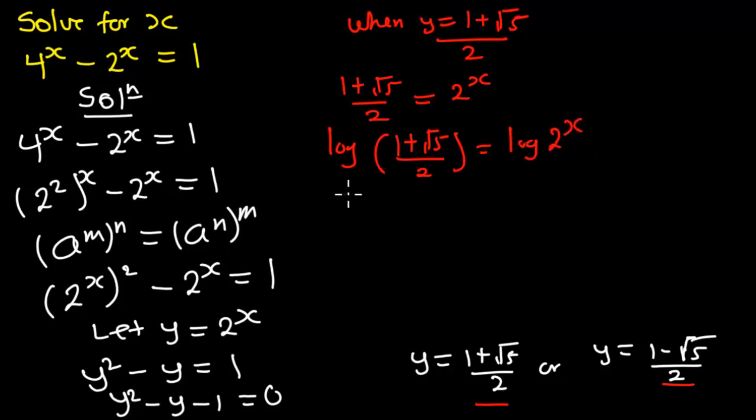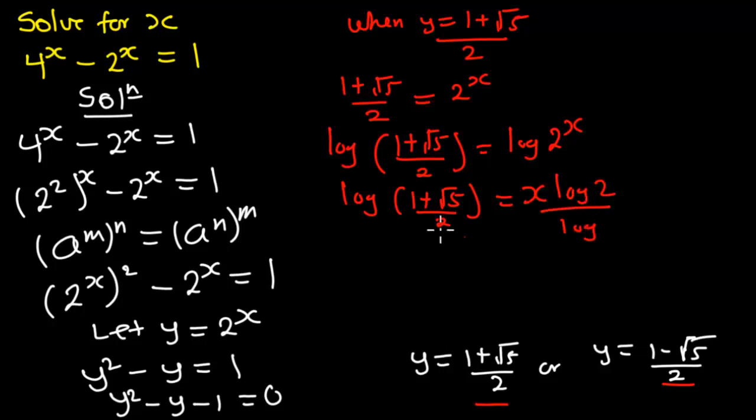Now from here, we are going to have the log of 1 plus square root of 5 all over 2 is equal to, then you can rewrite this as x multiplying the log of 2. Now to be able to get x, we need to divide both sides by log of 2. So log of 2 cancels out log of 2.